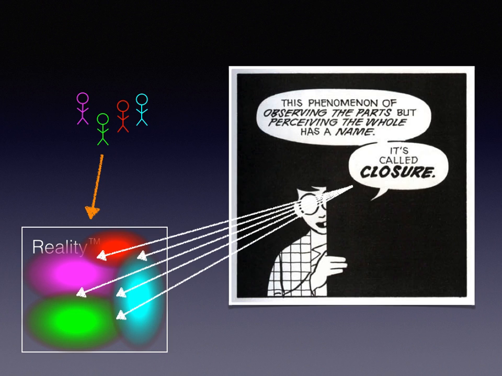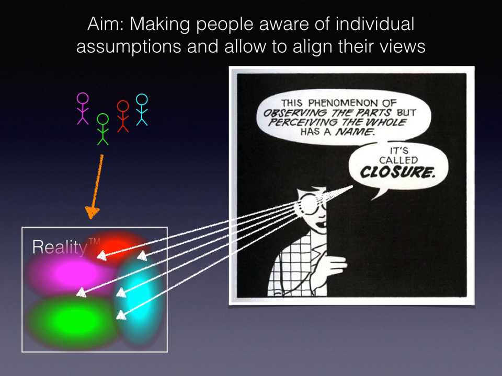So they have something called closure in terms of drawing conclusions about the behavior or the rationale of others from their own perceptions. And what we need to do is make people aware of their assumptions, of their closures, and allow them to align their views.